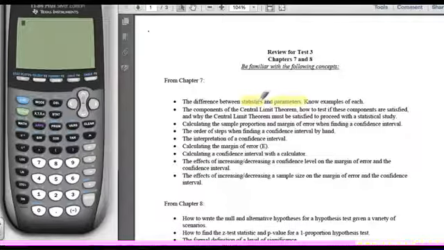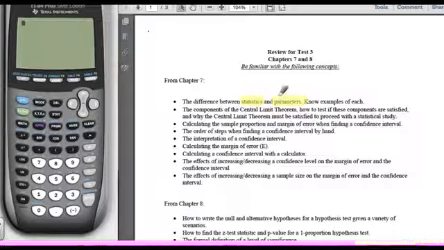Recall that statistics are calculations from samples, and parameters are calculations from the population. So if I randomly select 100 students from TCC, ask their GPAs and find that average GPA, that mean GPA, that would be a statistic because it came from a sample of 100.